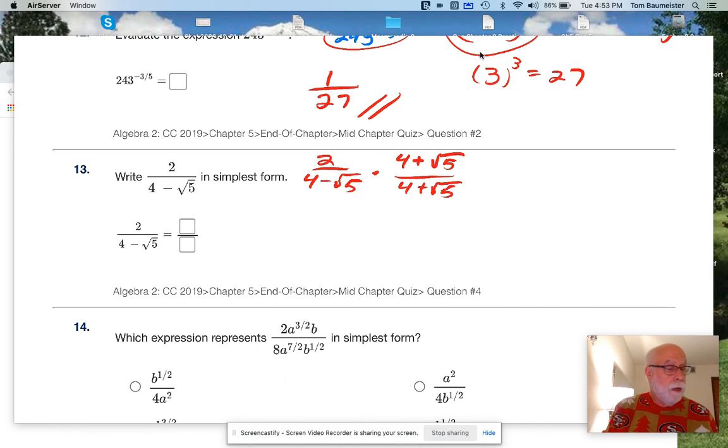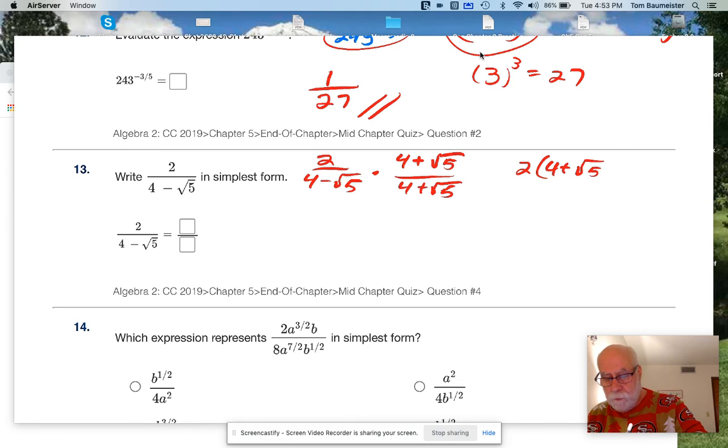On the top, that's going to be 2 times 4 plus the square root of 5 at the beginning. And remember, now it's a difference of squares. So 4 times 4 is 16, and the square root of 5 times the square root of 5 is the square root of 25, or just 5.